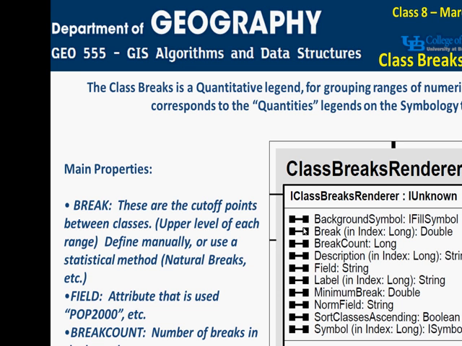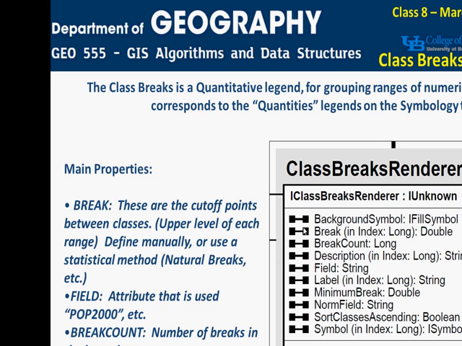So some of the common properties of the class breaks renderer. We set a break, which is the cutoff point between classes, the upper level of each range. We'll see here how to define it manually or use a statistical method, like natural breaks or quantile.